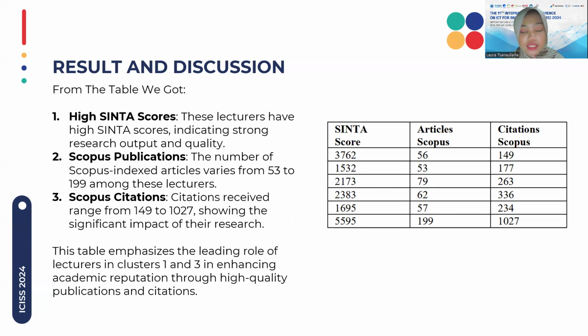From the table we see high Sinta scores, indicating strong research output and quality. The number of Scopus indexed articles varies from 53 to 199 among these lecturers, and the Scopus citations received range from 141 to 1027, showing the significant impact of the research in clusters 1 and 3.